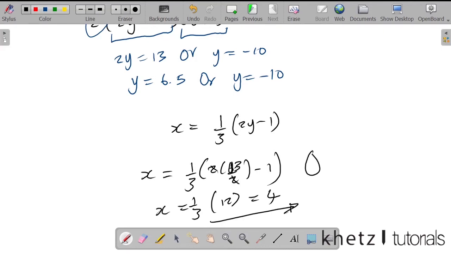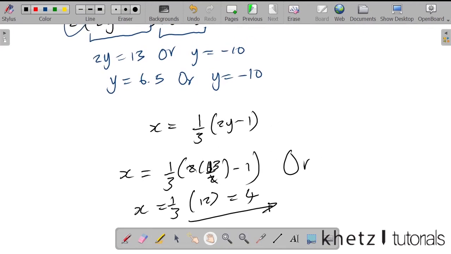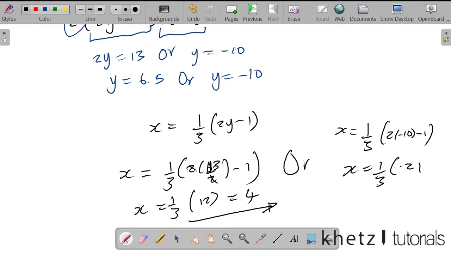Right? So that is the value of x when you have y equal to 6.5, and then the value of x when you have y equal to negative 10. Let's see, you're going to substitute negative 10 in there. Then you're going to have 1 over 3 of negative 21, and the answer to that should be 7.